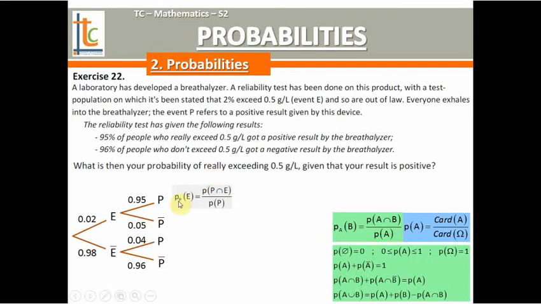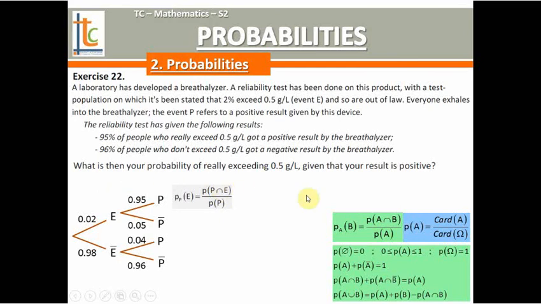Well, this formula is able to tell you that P of P into E equals P of P times P of E given P. But this is true also that P of P into E equals P of E times P of P given E. Okay, there is a double way to calculate the probability of intersection.